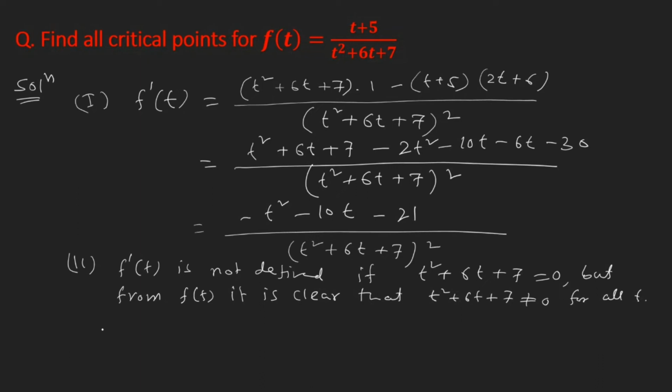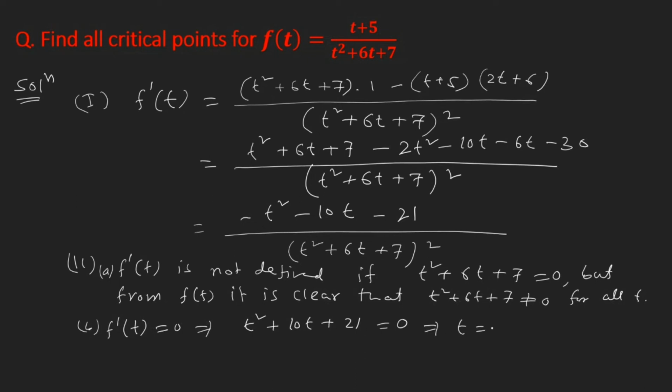So now we need to check where f'(t) is equal to 0. f'(t) is equal to 0 if the numerator, that means t square plus 10t plus 21, is equal to 0.